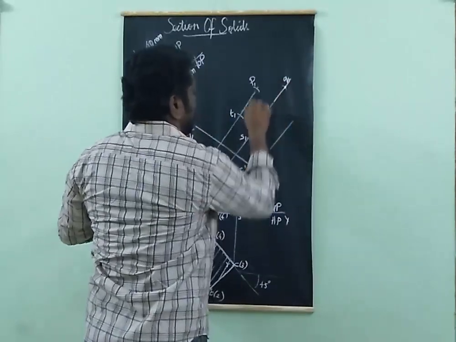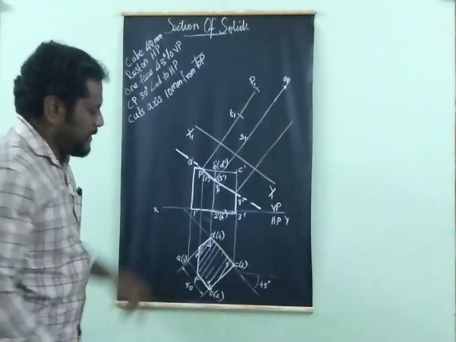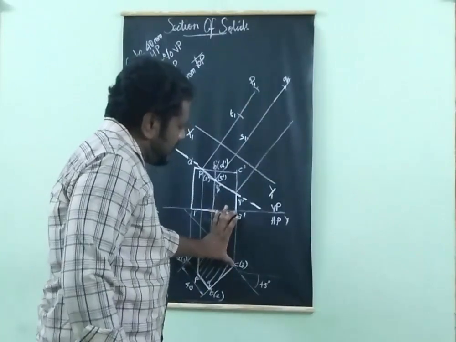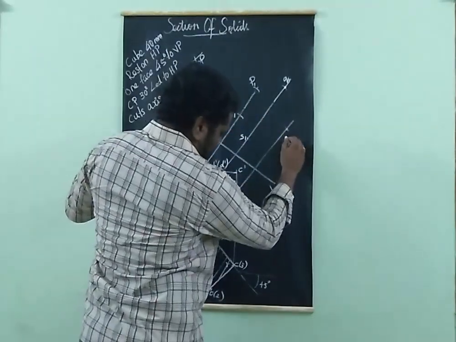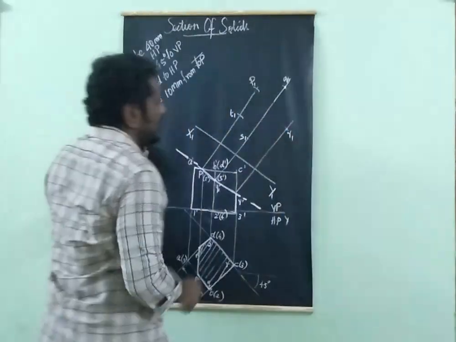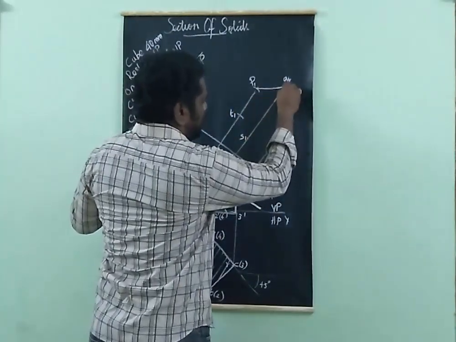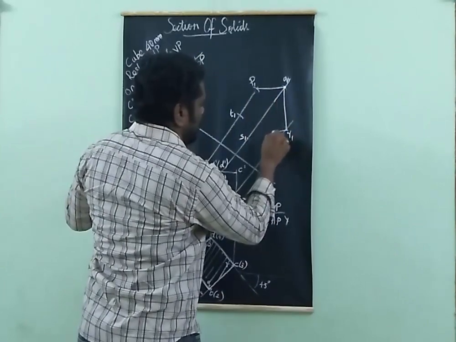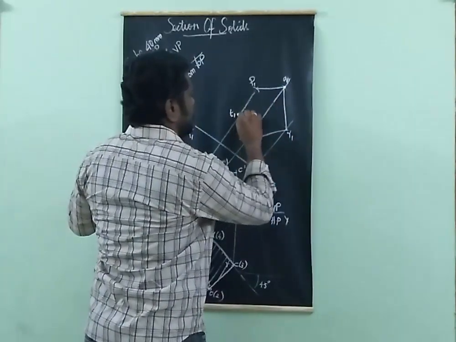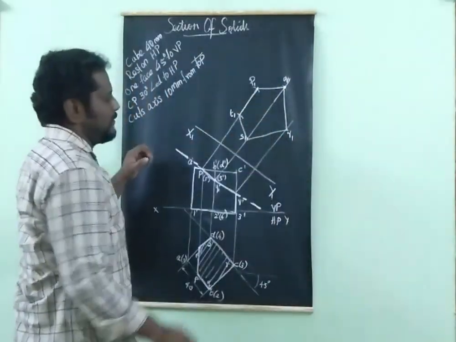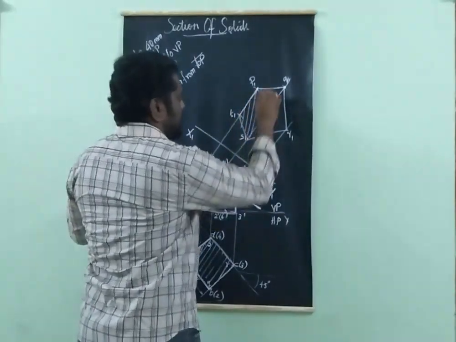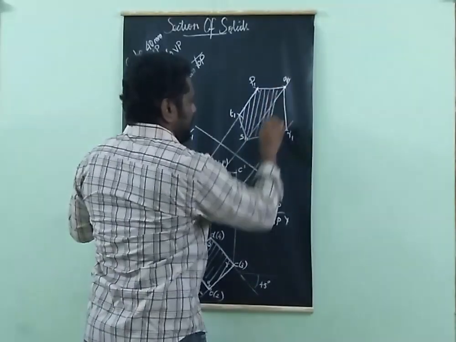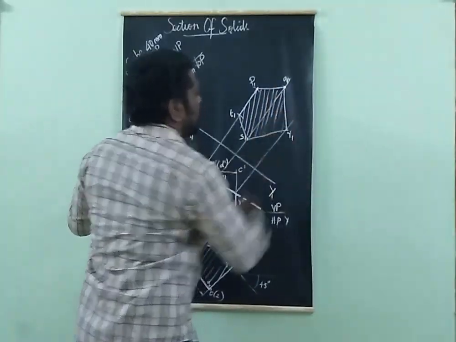So S1, P1, T1, Q1. Similarly, measure this length and cut an arc here, you will get the point R1. Now connect PQ, QR, RS, ST, TP. Now this is your final true shape. Hatch this true shape. That's all. Thank you.